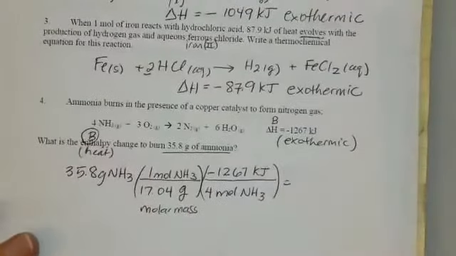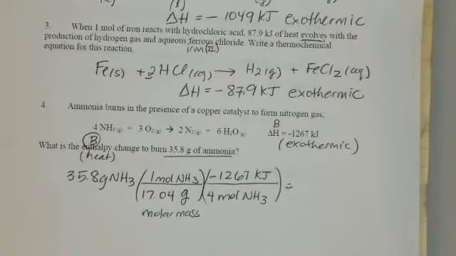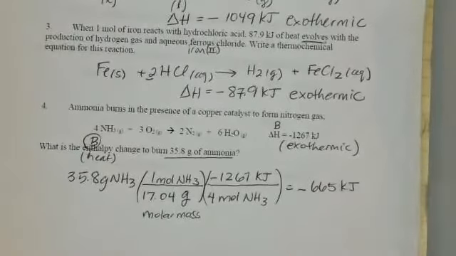And that'll give us our enthalpy, right? That's our heat. Enthalpy, just another word for heat. So 35.8 divided by 17.04 times the 1267, and then divide by that molar coefficient of 4 for the NH3. And if I keep 3 significant figures, I get a negative 665 kilojoules.